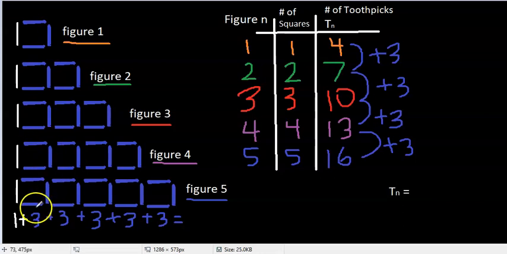That is 15, plus that 1 is 16. So I'll go ahead and make sure I keep my 1 in the white color, plus the 15, for a total of 16 toothpicks, like our table shows.